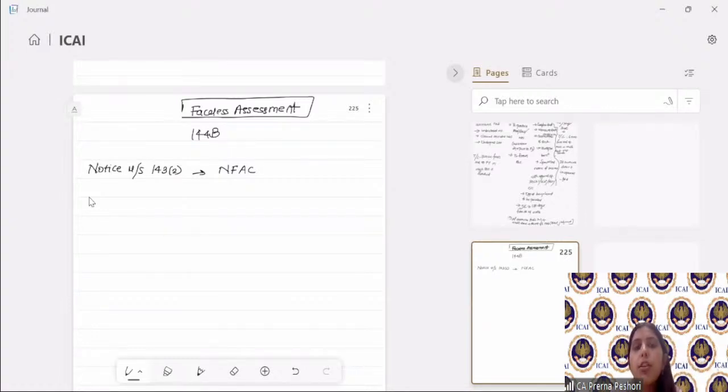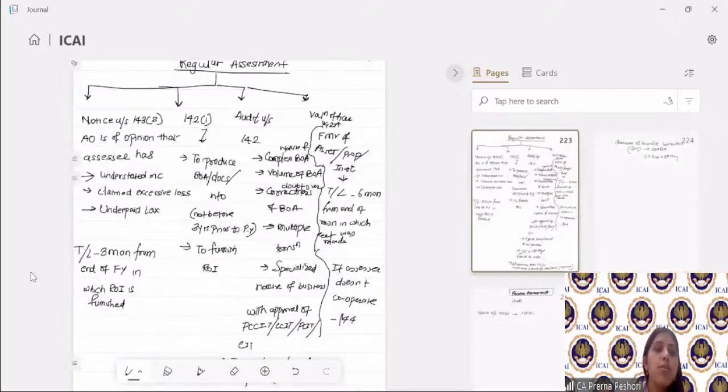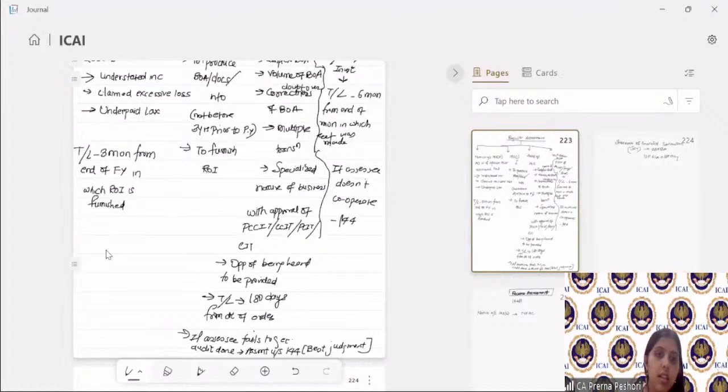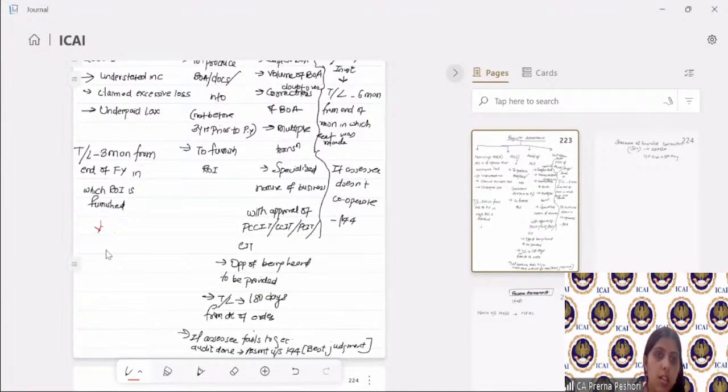But all the communication by the assessee and by the income tax department to the assessee will be through this National Faceless Assessment Center. So understand one thing very carefully. This notice, which is going to be issued under 143(2), is going to be by the National Faceless Assessment Center.